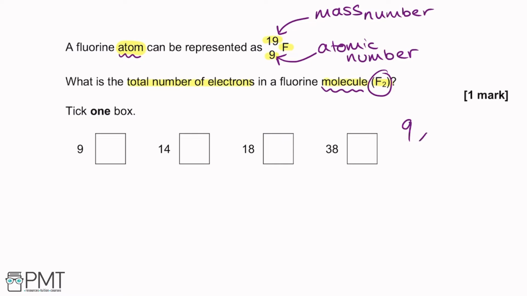So we need to do 9 times 2, which gets you 18. Okay, so the correct answer to this question was 18. Now a lot of people would have ticked 14 because they would have simply counted the number of electrons that we put in the diagram in the previous question. But remember that that diagram only showed outer shell electrons.